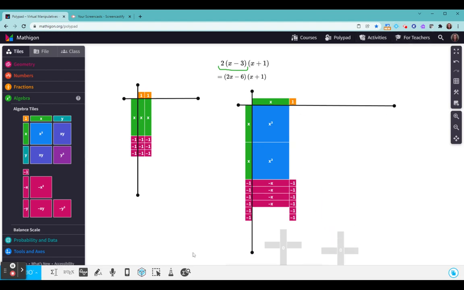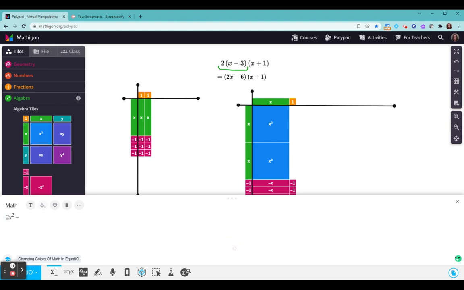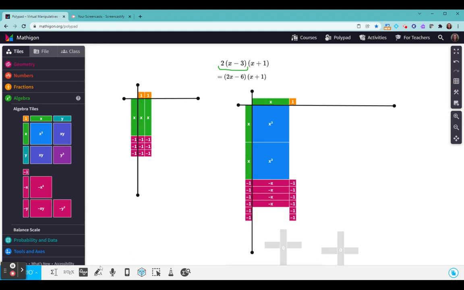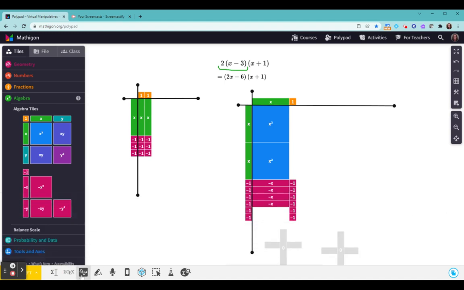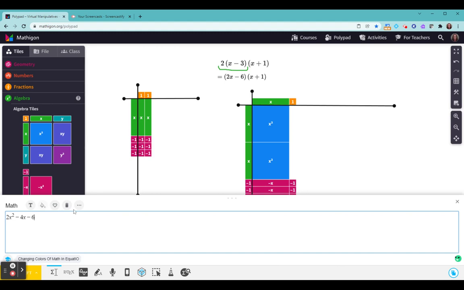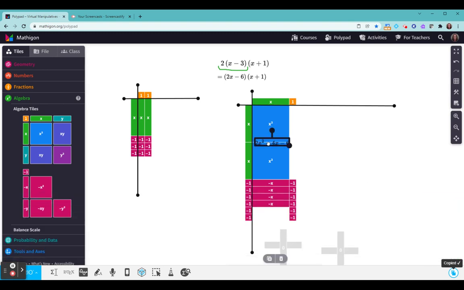And so my answer here is 2x squared minus 4x's and minus 6, which is what we have left here, and which is our final answer.